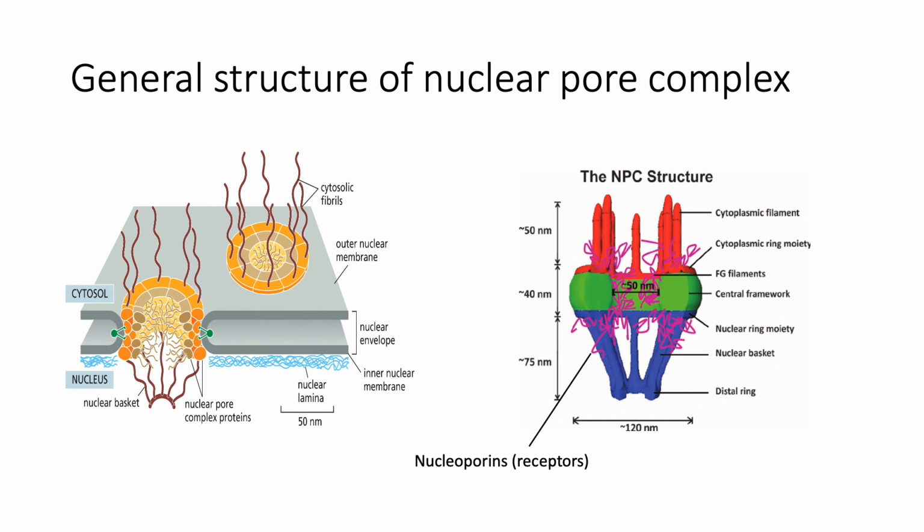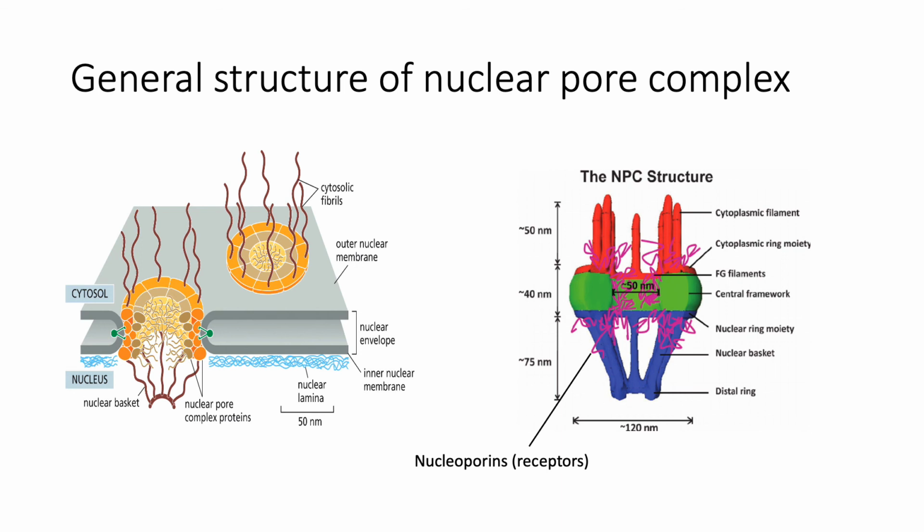Now, what's not illustrated on there are what are called nucleoporins. I think they're meant to be those purple squiggly lines. Nucleoporins serve as receptors to recognize what needs to go out, which would be messenger RNA.